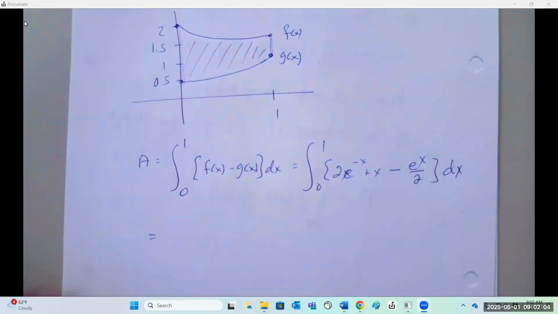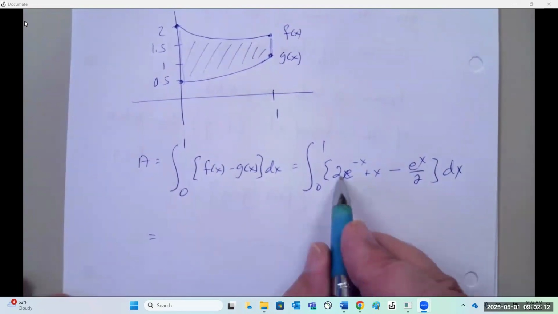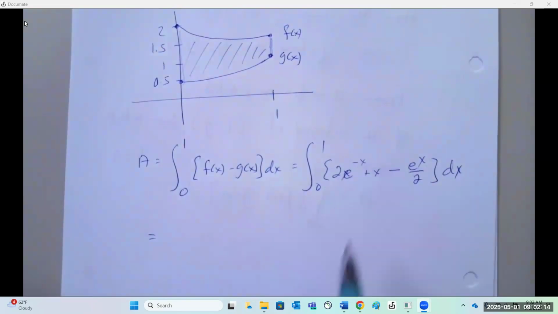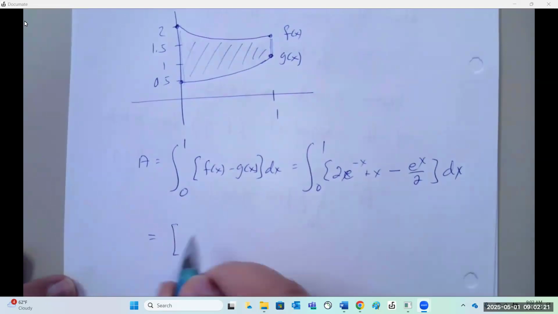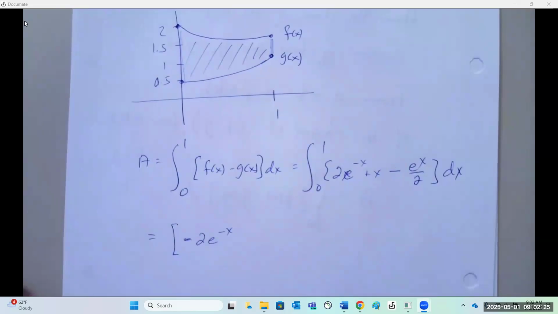Since all of these are addition and subtraction, by the sum and difference rules of integration, we can just do each one separately. What's the integral of e to the power negative x? The first one is going to be negative 2e to the power negative x. That's the integral of it.